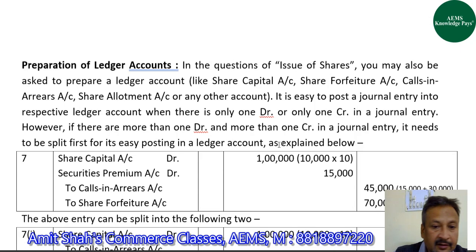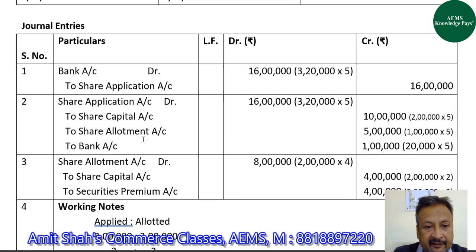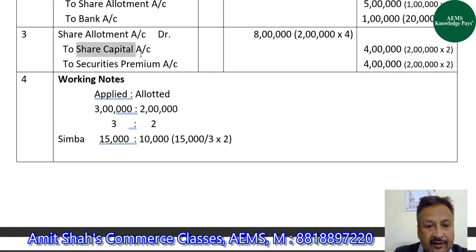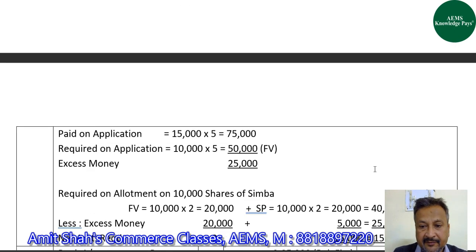Clear, guys, or not? After second entry, we have used share capital account, and our third entry on the credit side of share capital account, we will write by share allotment with rupees 4 lakhs.